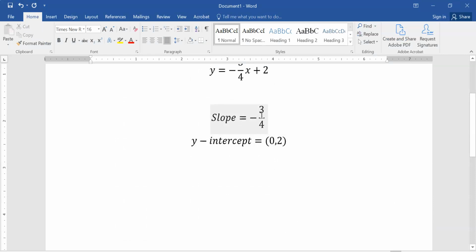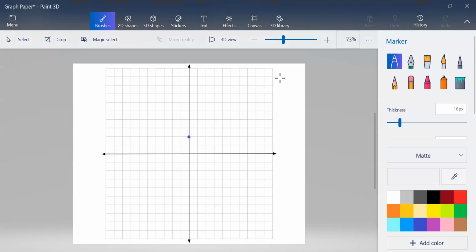And then negative 3/4 is my slope. Remember that, negative 3/4. You could put the negative on either the top or the bottom. When I think of this, I'm going to put the negative on the top. That way, when I ask how much is y changing, I'm going to go down 3, 1, 2, 3, and x is changing by 4, so we're going to go to the right 4, 1, 2, 3, 4.